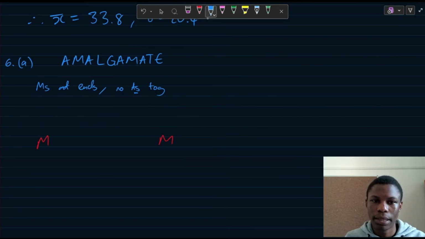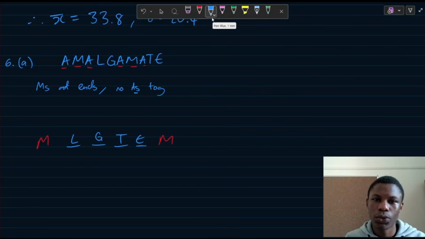And then the letters that are not A's, if we take out the M's and we take out the A's, I'm left with 1, 2, 3, 4 letters. So 1, 2, 3, 4 letters. We've got L, G, T and E.